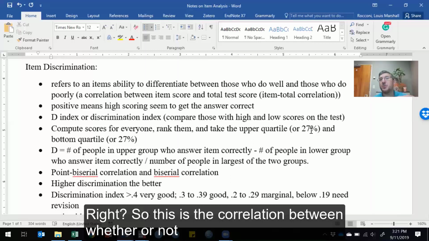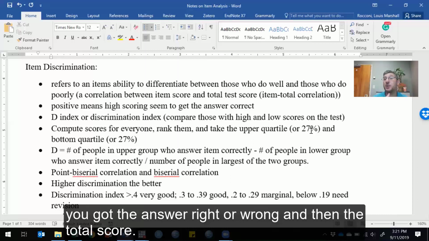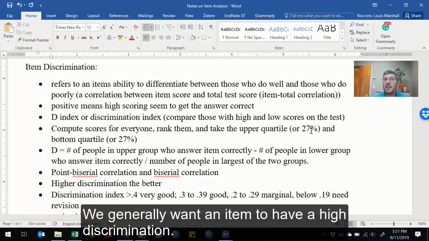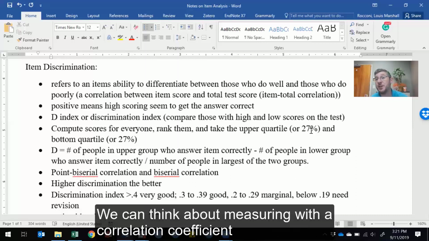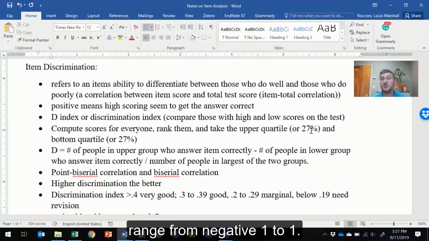So this is the correlation between whether or not you got the answer right or wrong, and the total score. We generally want an item to have a high discrimination. Right, so we're looking for high values here. Since we can think about measuring it with a correlation coefficient, it ranges from -1 to 1.